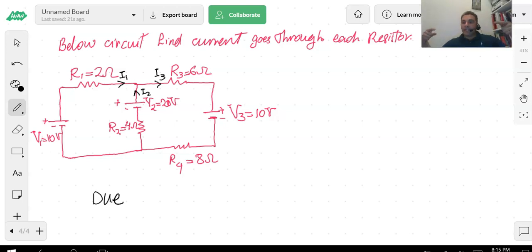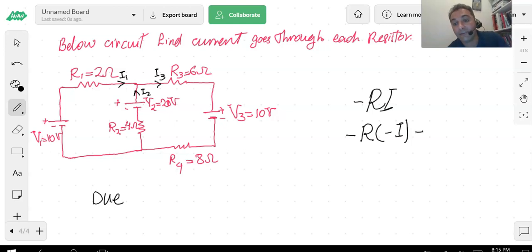If you go in the same direction as the current, your voltage is negative IR. If you go in the opposite direction of the current, your voltage is positive RI.